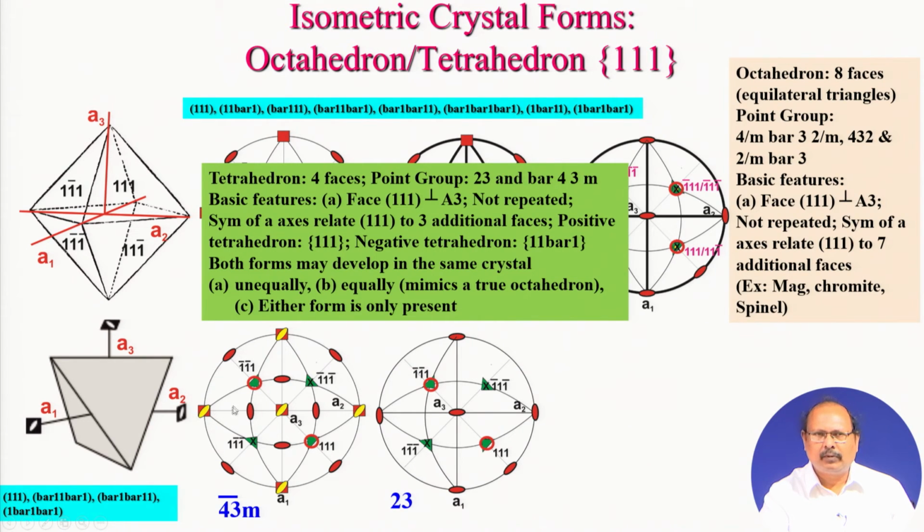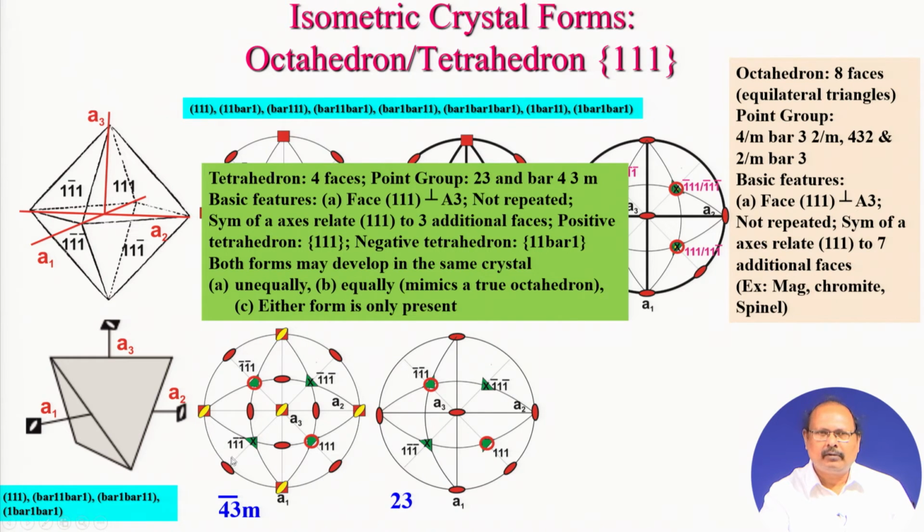Now, this horizontal bar 4 axis will act upon this bar 1 bar 1 bar 1 and will generate an open symbol here, and what will be the symbol? 1 bar 1 1, because in that situation the open symbol represents the face intersecting the positive direction of the A3 axis.